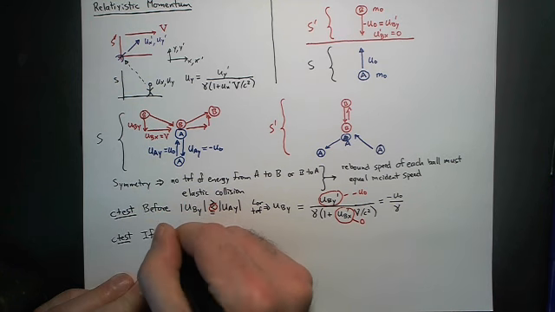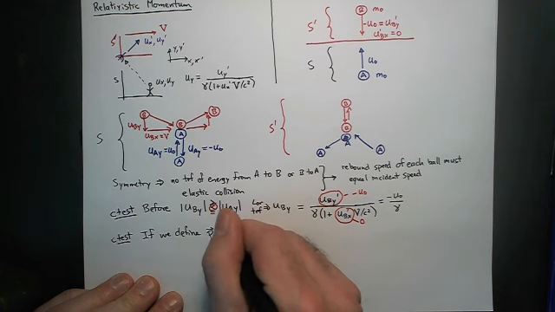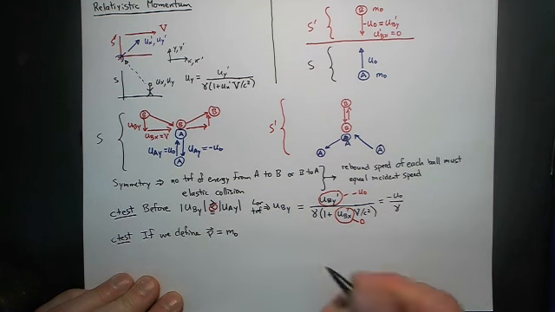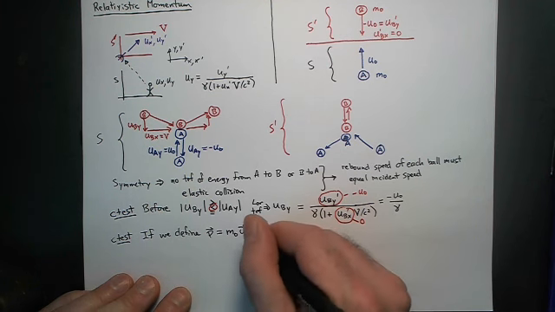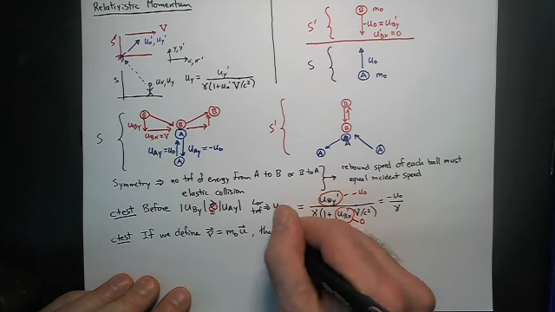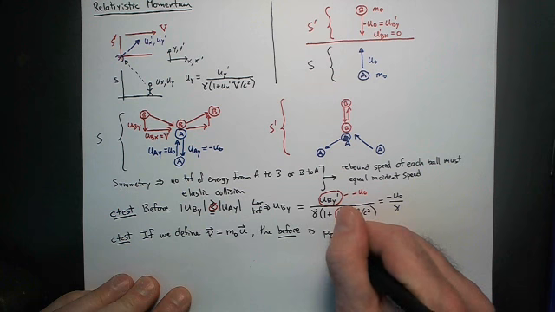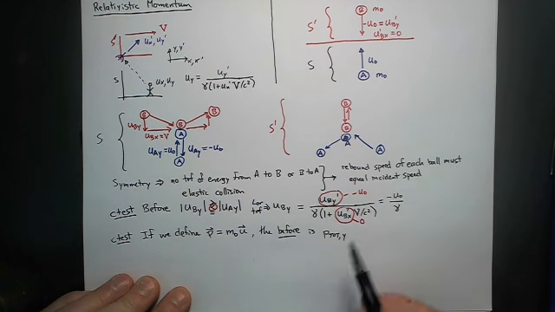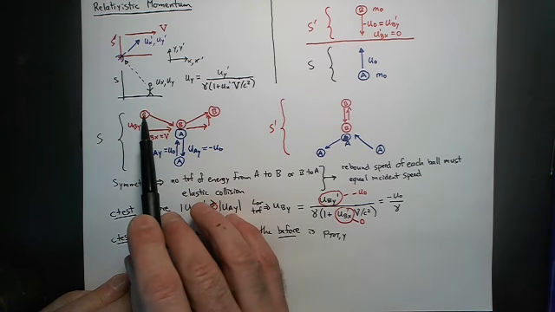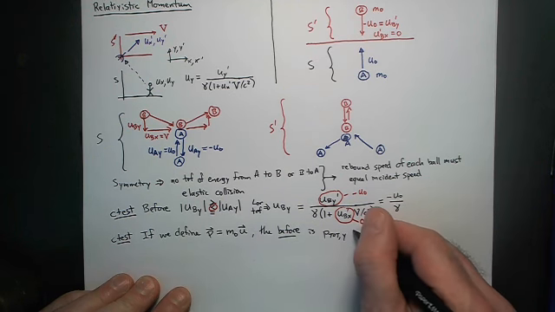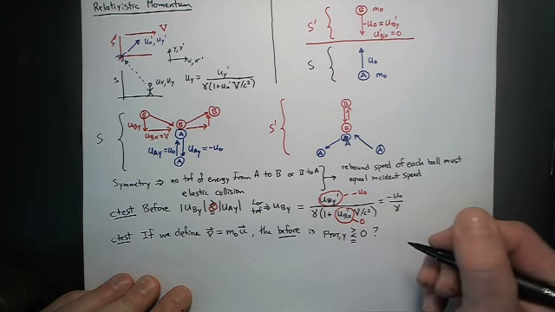If we define the momentum in the way that we're accustomed, that is, we say that vector p is equal to the mass, which in this problem we're calling m naught, times the velocity of the object, vector u, then before the collision, is the total momentum of the system in the y direction, and there's no prime on this, so this means as seen in S, and total means we're combining both ball B and ball A, is that total momentum in the y direction greater than, less than, or equal to 0 before the collision.